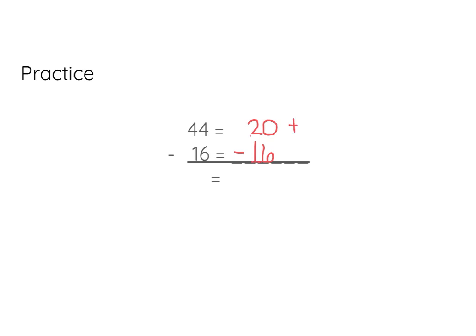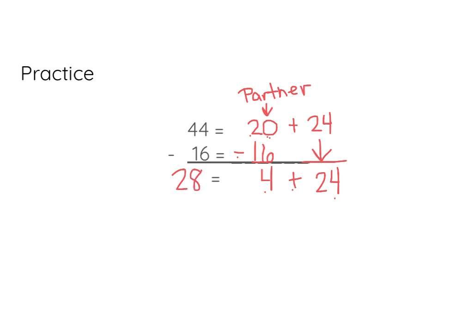Now we need to rename, so 20 plus 24 equals 44. Bring down the 24. And now use your partners to solve the only part that we're actually subtracting. 20 subtract 16 equals 4. So 24 plus 4 equals 28.